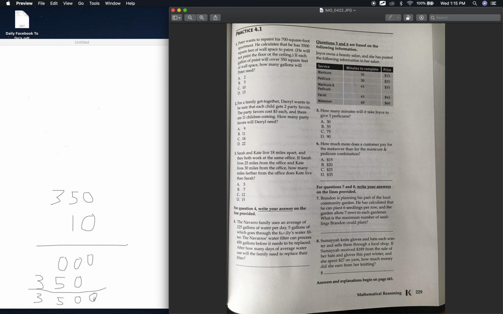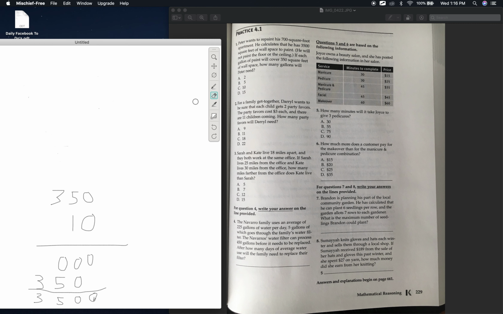So for that, you would see how many days does 5 gallons of water equal to 450 gallons of water. So for that one, you would basically set up a division problem. Okay, so you would set it up.